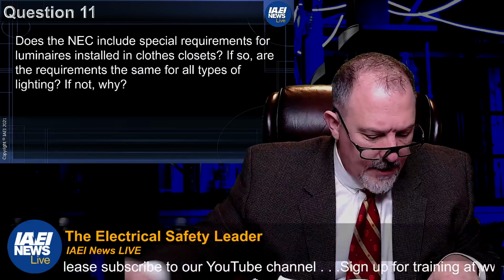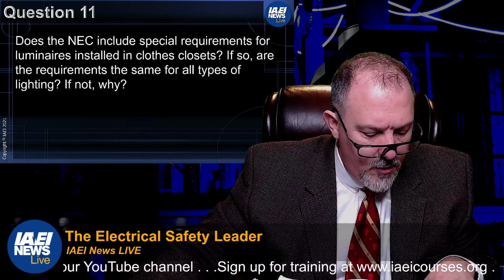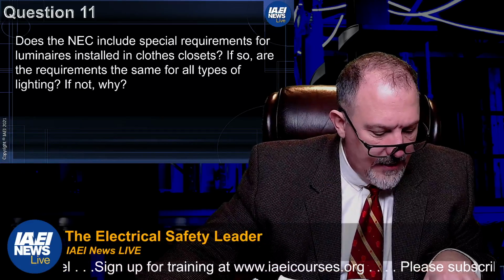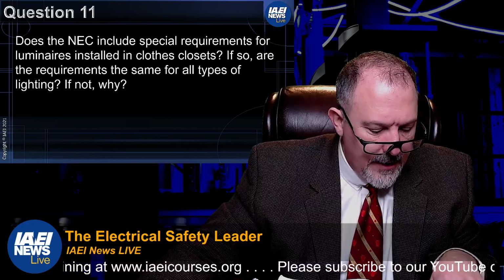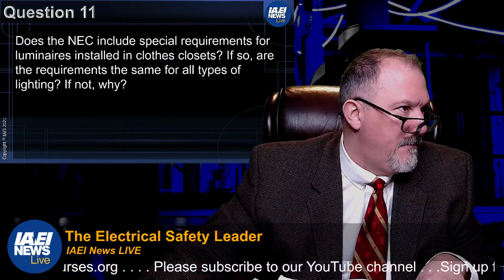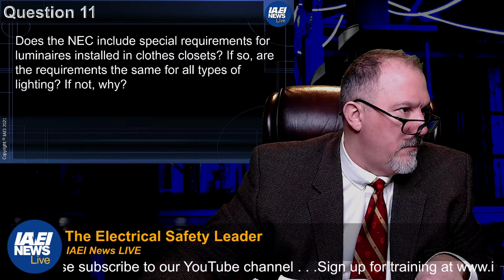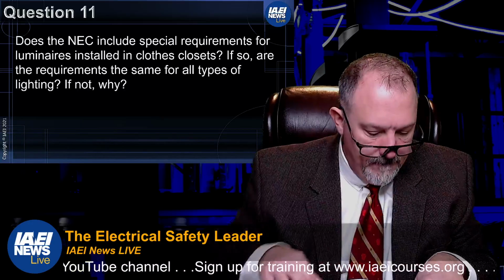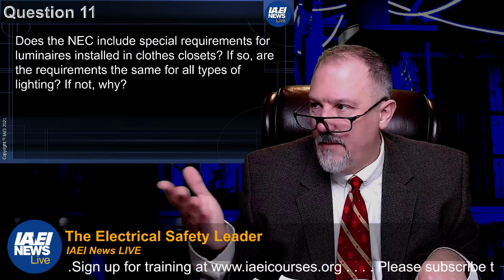All right, we're going to continue reading. Unless an individual switch is provided for each luminaire, lamp holders shall be located at least 8 foot above the floor, or shall be located or guarded so that the lamps cannot be readily removed or damaged. But does that still address our question about closed closets?